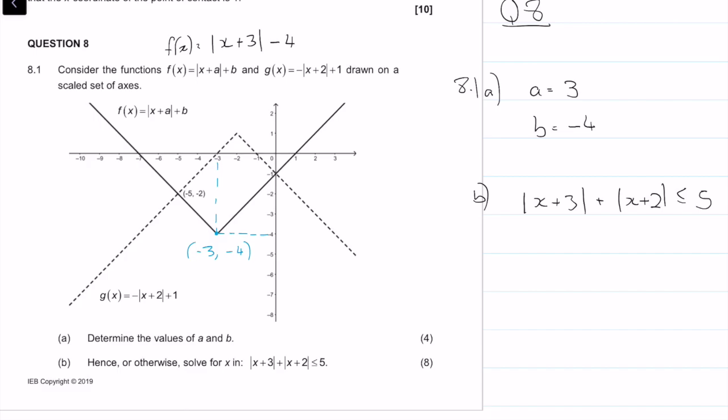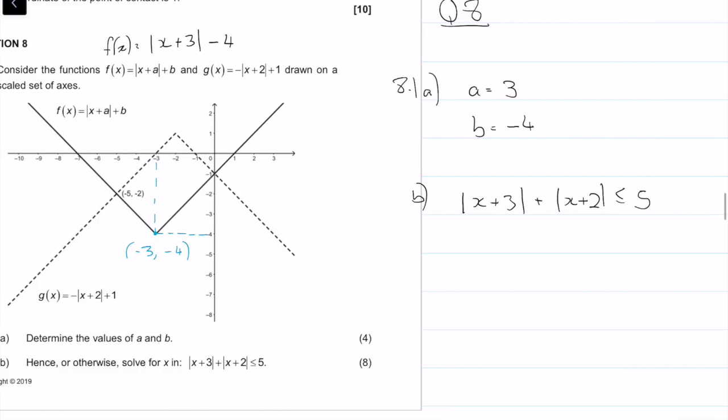So what I want to do is figure out a way to pull out f of x and g of x from this. I'm going to say that the absolute value of x plus 3 is equal to, taking the absolute value of x plus 2 to the other side, minus the absolute value of x plus 2 plus 5, and that shouldn't be an equal sign but less than or equal to.